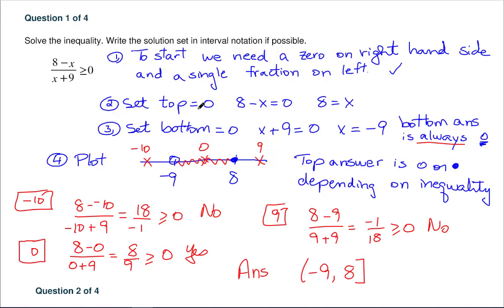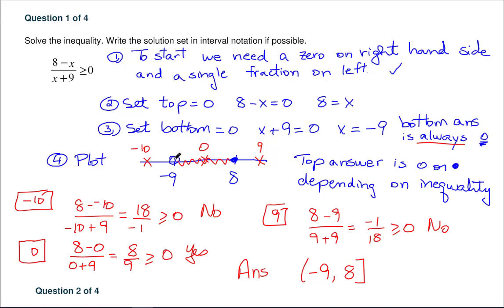So I set the top equal to 0. 8 minus x is 0, which gives me x is 8. I set the bottom to 0. x plus 9 is 0, and I get x is minus 9. When I plot them on the number line, the answer to the bottom is always an open dot.